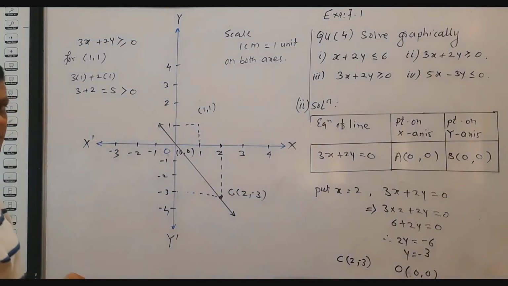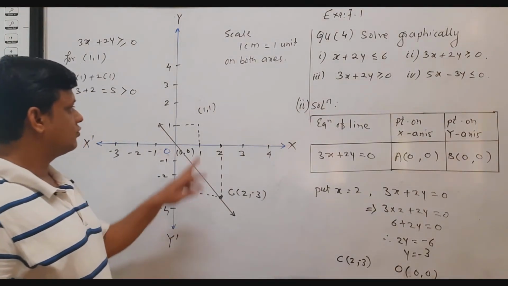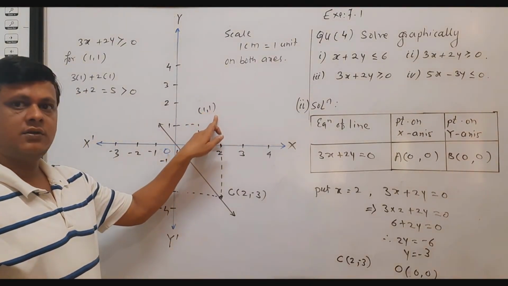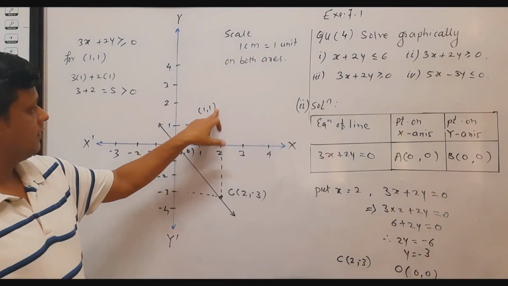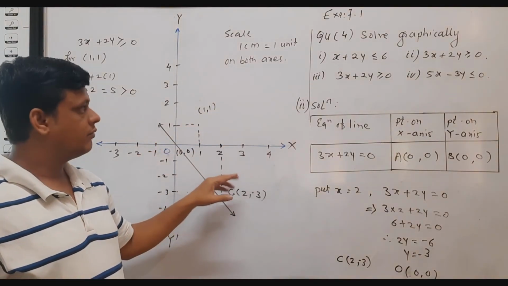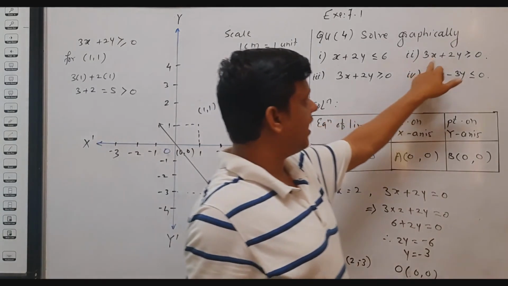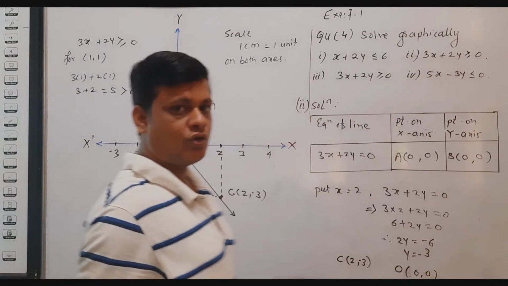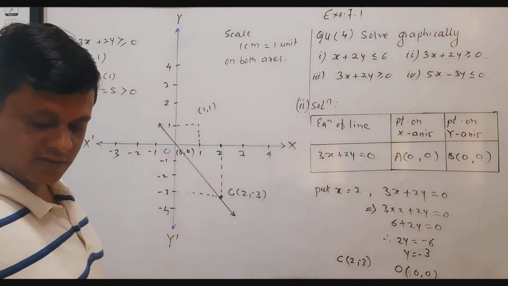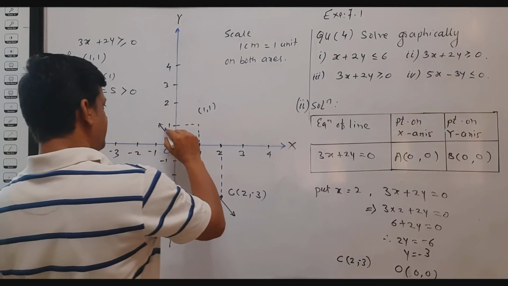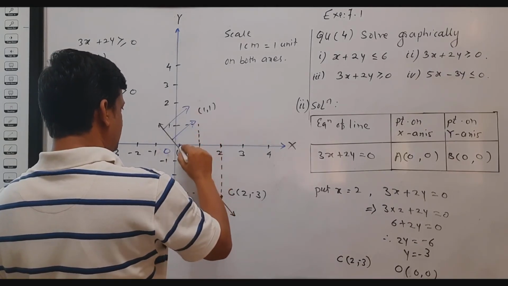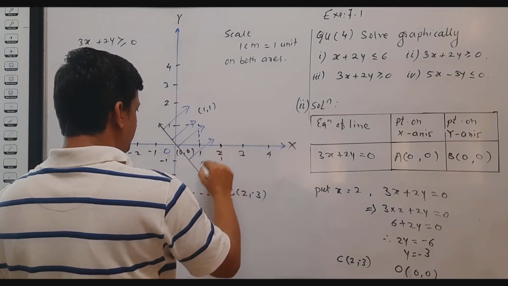That means the condition is satisfied. So this point 1, 1 must lie in the solution set for this inequation 3x plus 2y greater than or equal to 0. So we mark towards this point. The shaded region includes this point 1, 1.